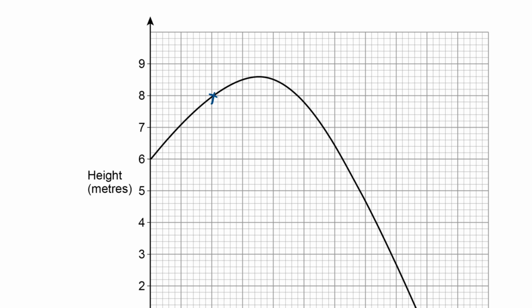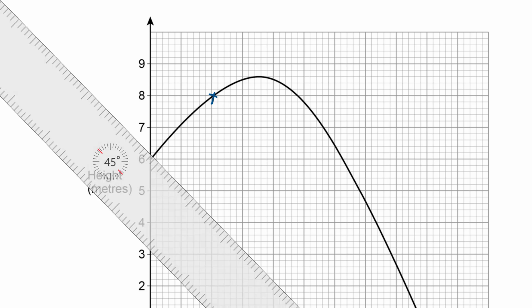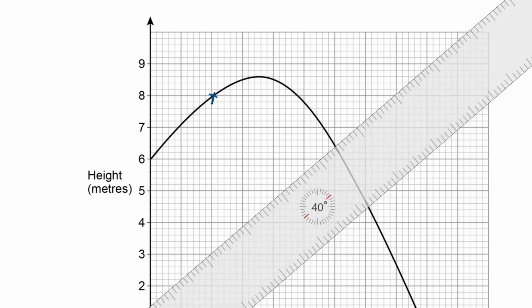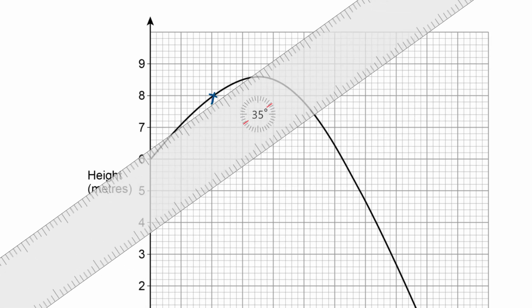Now, we've got a distance and time graph here, essentially. It says height, but it's actually distance from the ground, isn't it? So our speed is going to be equivalent to the gradient of the distance-time graph at that point. So what we want to do, because this is a curve and not a straight line, is to draw a tangent on it with our ruler.